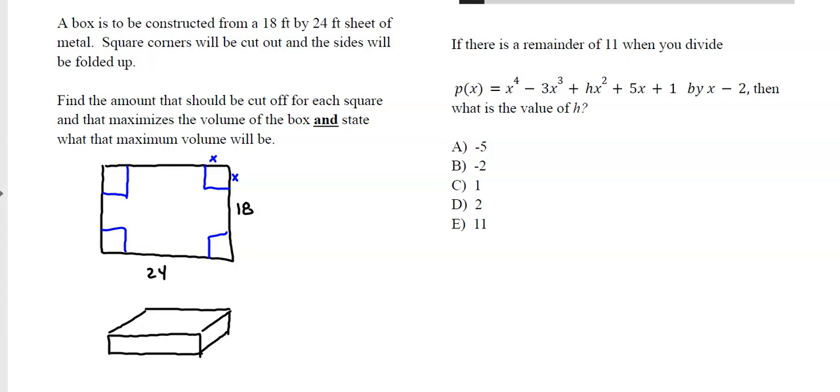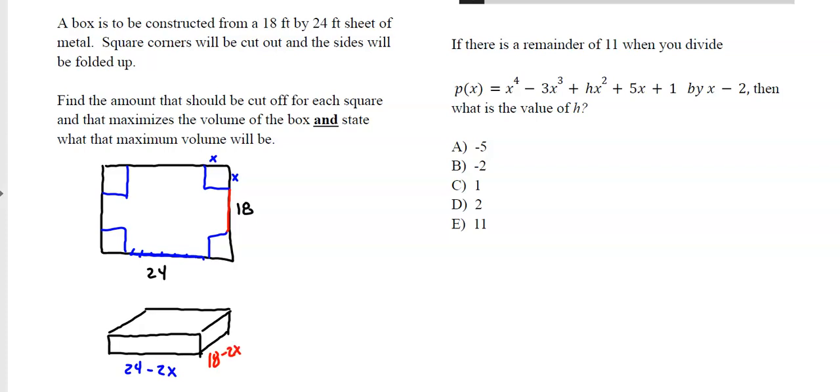Well, once we cut the x off, our dimensions, this piece right here, that's going to be 24 minus the 2x. That's our length. And then over here, our width of that box, that's going to be 18 minus 2x.